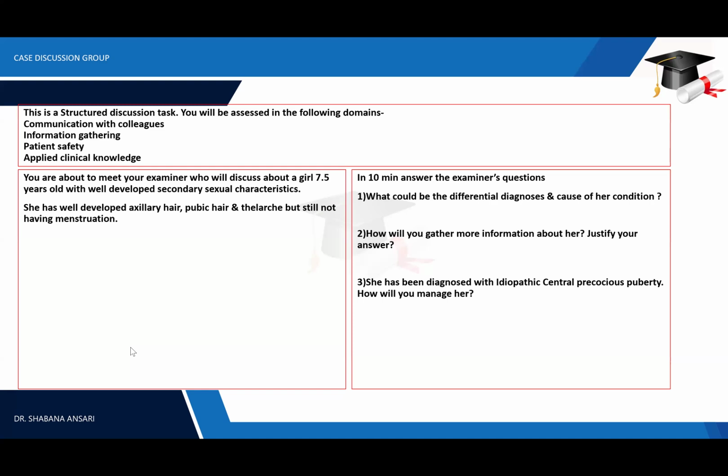Maybe a tumor in the central region, like craniopharyngioma or any pituitary tumor, which releases excess serum FSH. Another possibility is hydrocephalus, or sometimes radiation therapy, or some trauma, or infections like encephalitis, or any chemotherapeutic drug can be responsible for this type of lesion.